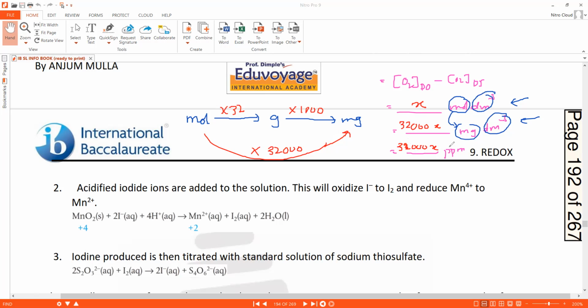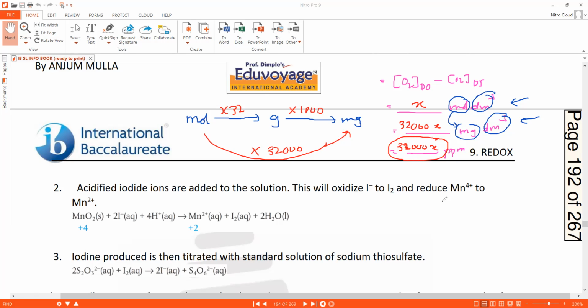But here I have shown you directly, but in the exam better show that conversion. Now, the answer will definitely not be tens of thousands. Your answer will be between 0 and let's say 5, 6, 7, 8, like that.